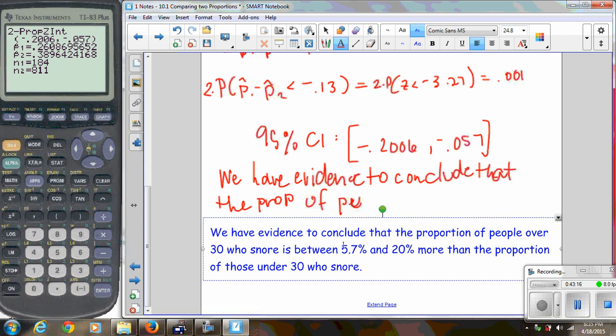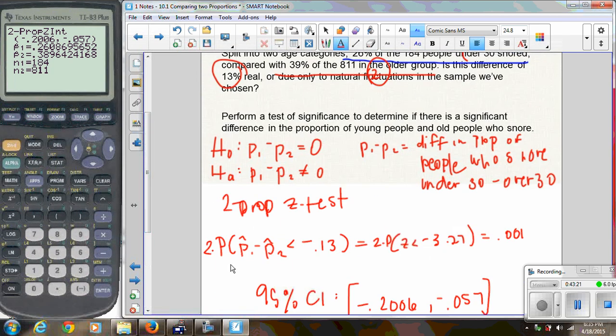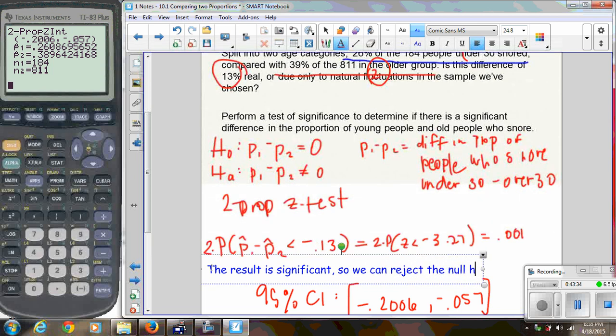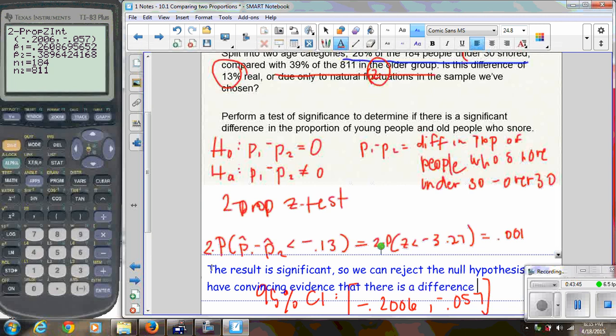So you can see that the confidence interval actually gives us a little bit more information than the hypothesis test. The hypothesis test basically just says the result is significant, so we can reject the null hypothesis. We have convincing evidence that there is a difference in the proportion of people who snore in different age groups.